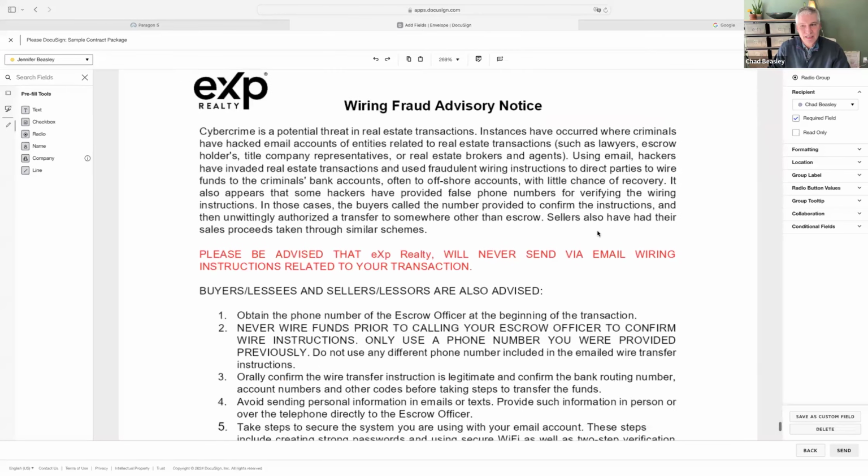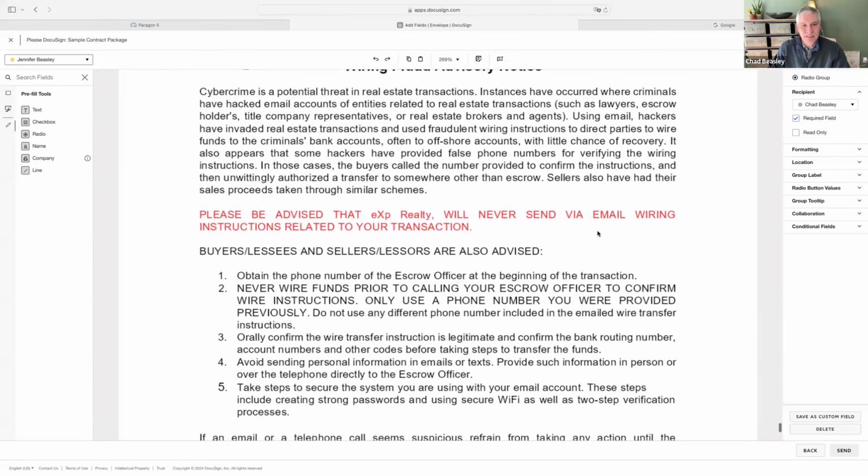And then this last one is the wire fraud advisory notice. This is basically a big flashing warning to your buyers. Sellers too, if they ever need to wire money, because we use this on that side too. It's basically saying be very careful when wiring money.